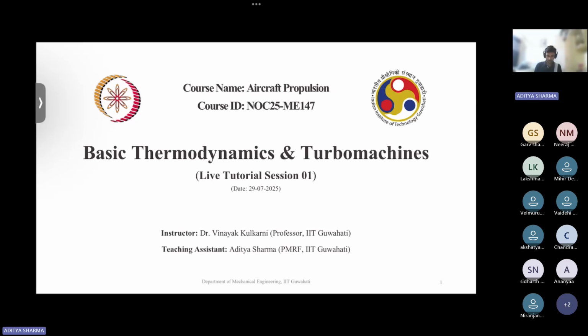Good evening, everyone. So this is the Aircraft Propulsion course being conducted by the Department of Mechanical Engineering, IIT Guwahati, under the NPTEL program. This is a 12-week course. We have just started this course.